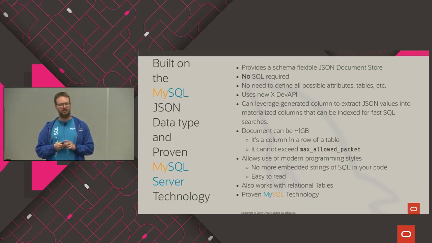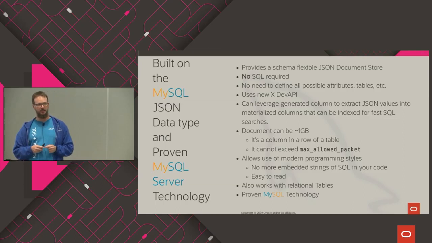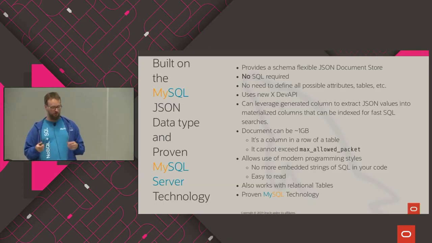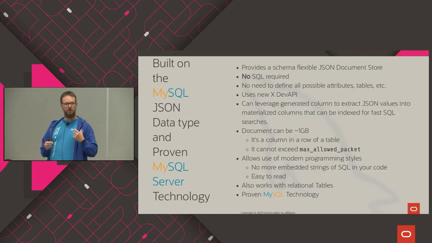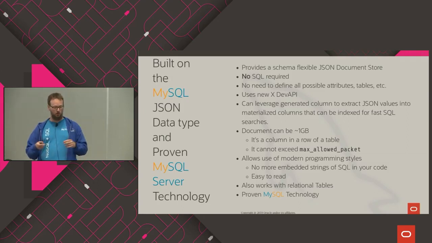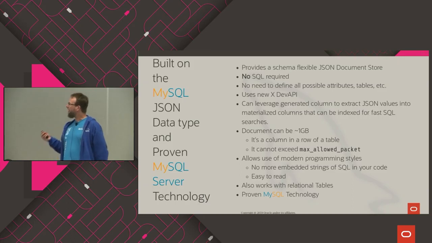We're going to use for this what we call the new XDev API, right? It's another protocol, I will show you later, that we use to create this whole CRUD operation. So we can extract columns, you can do a search, you can index the data there.